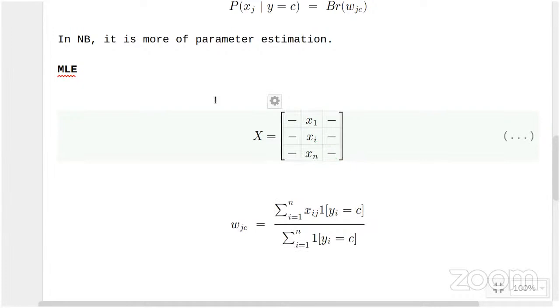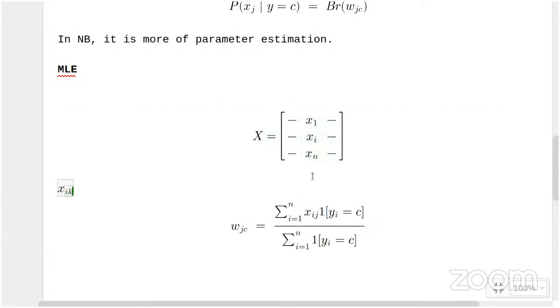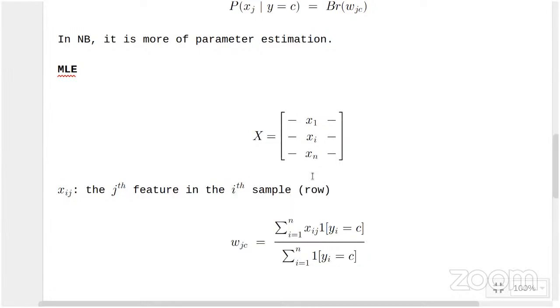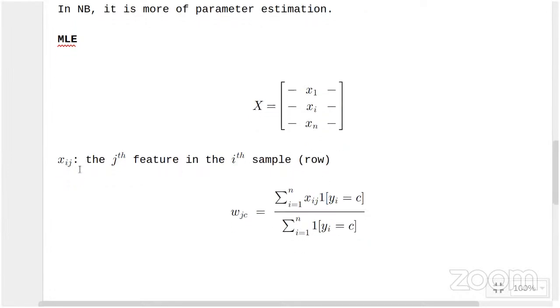There are n training examples. I'm calling xij the jth feature in the ith row. The ith row is nothing but the ith sample. That's what I'm calling xij.